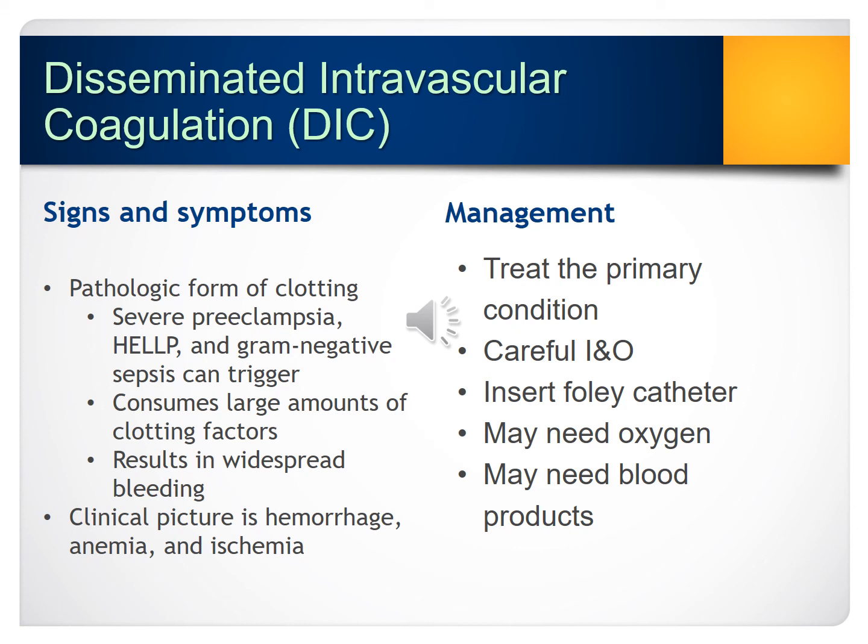And here again, this is just for review, just to give you a refresher on signs and symptoms and management of DIC. Again, not for test purposes, don't need to focus on it, but just know that it is a potential complication of placental abruption.